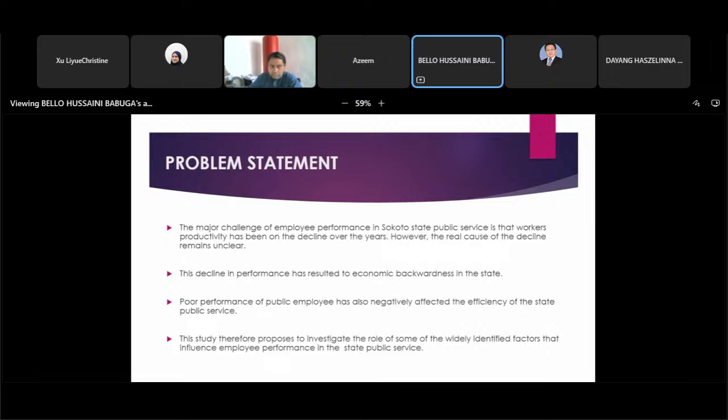Problem statement. The major challenge of employee performance in Sokoto State Public Service is that productivity has been on the decline over the years. However, the real cause of the decline remains unclear.